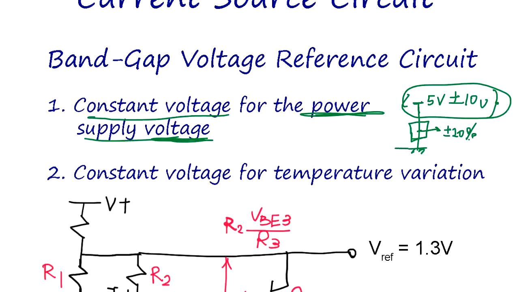And usually you can make constant from this side, but we talk about constant from the ground level. How do you achieve the constant? So that's one constant. And another is a temperature variation. When the chip temperature goes up during operation, then the constant voltage cannot shift, right?